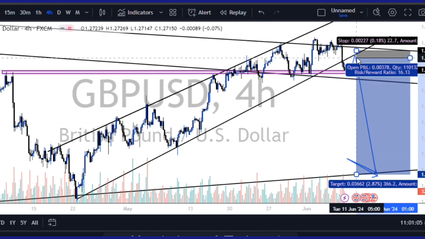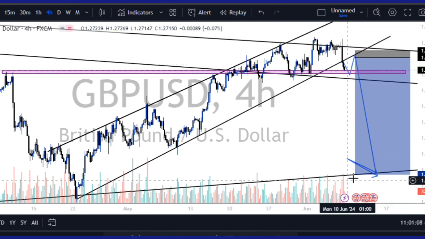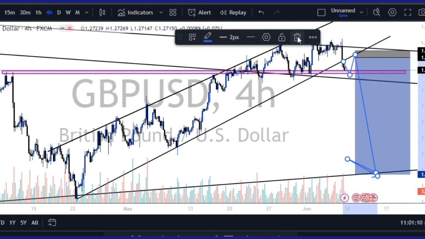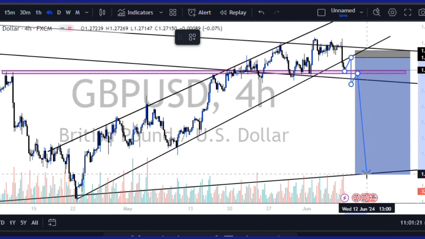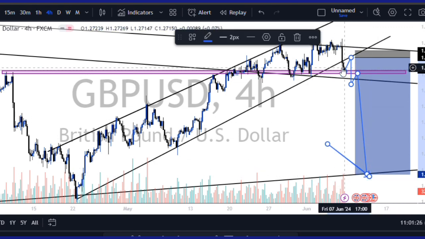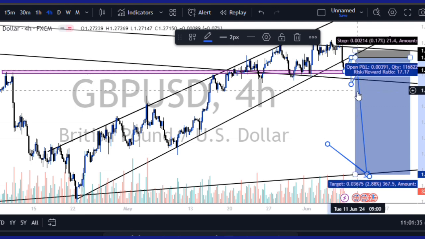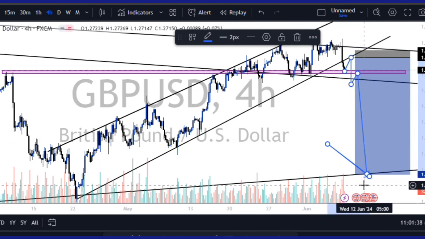We can as well look for something like this on this pair. Market can come, break, and go to retest our trend line, break again, and retest this zone as it continues with the downtrend.